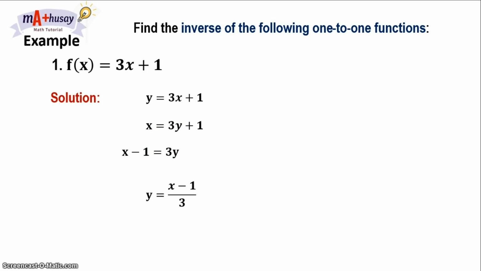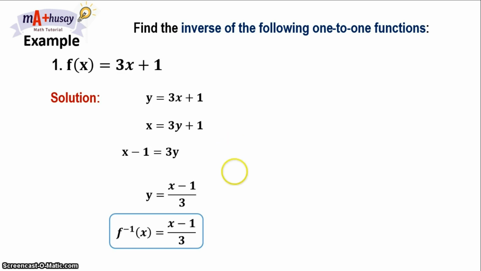So, finally, we will replace y by the inverse of a function symbol. So, ang inverse of a function ay x minus 1 all over 3. So, again, ang inverse ng function na 3x plus 1 ay x minus 1 all over 3.